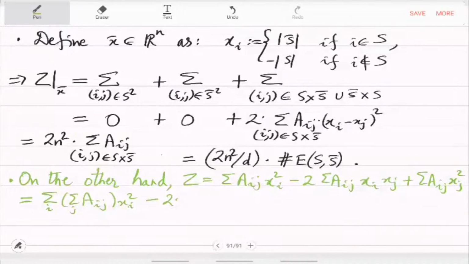So now the nice thing is that this aij xi xj term, you can see as the action of A on x bar, A x bar, and then inner product with x bar. So that is the nice thing about this calculation, and hence this expression of Z. And the last thing is symmetric to the first one.